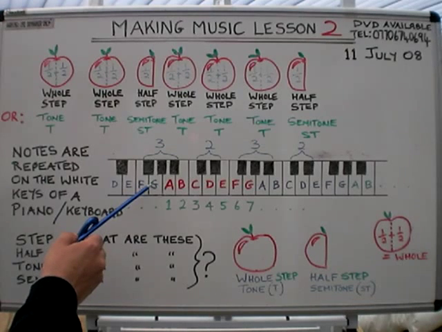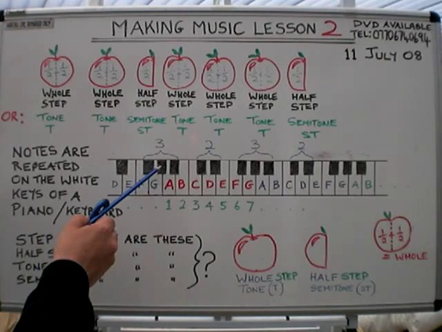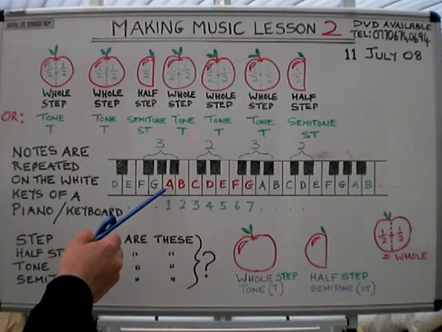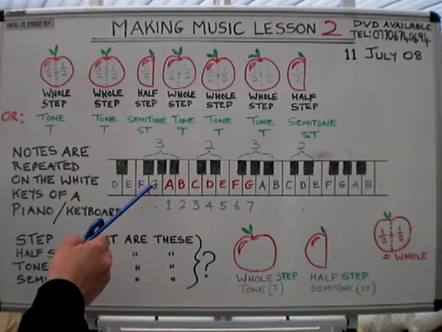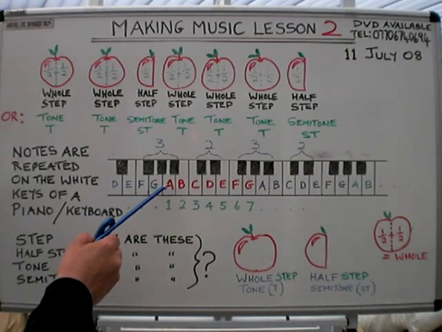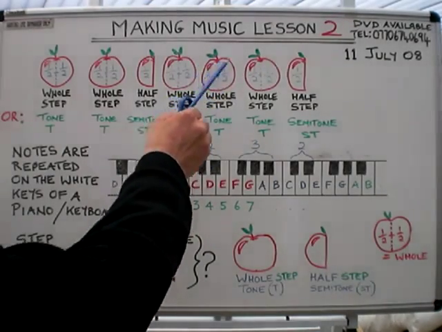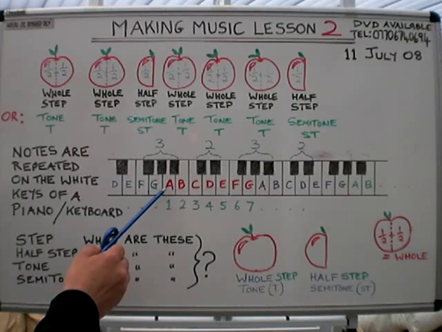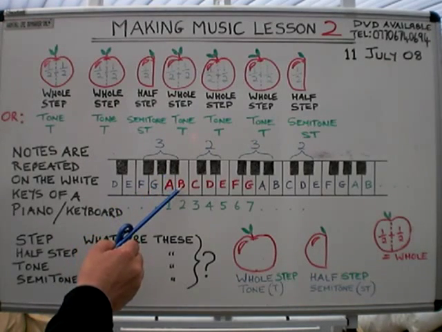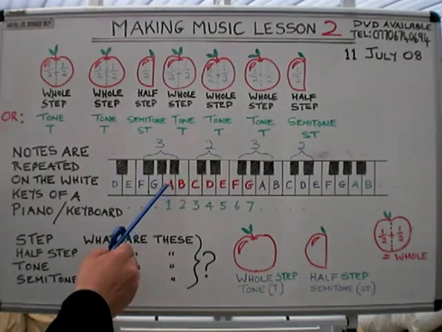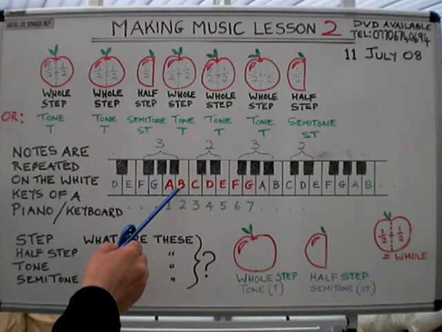So starting on the G, 1, 2, 2 halves. Let's do another whole one, and we're coming from the A, 1, 2, 2 halves.